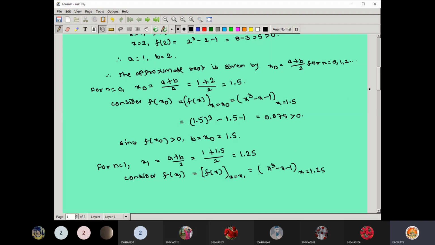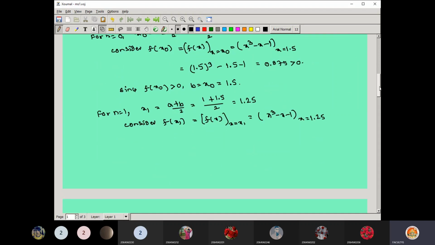So what will be the answer? When I substitute x equal to 1.25 in your expression, 1.25 whole cube minus 1.25 minus 1. Give me the answer. What will be the value? Minus 0.296.